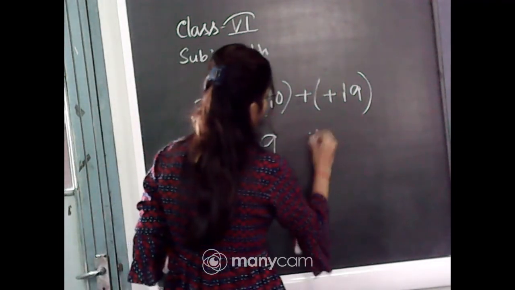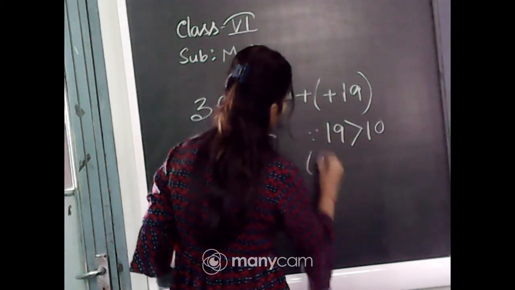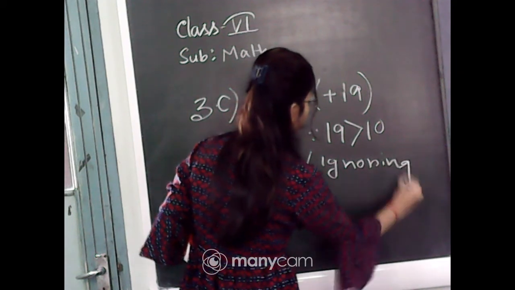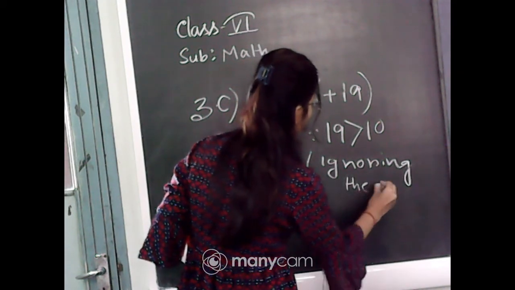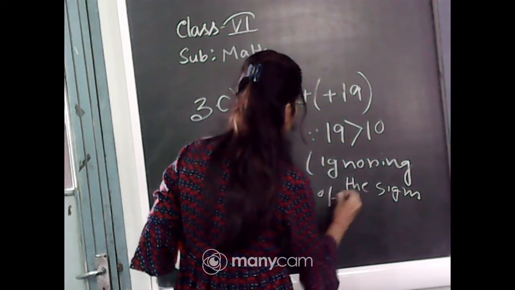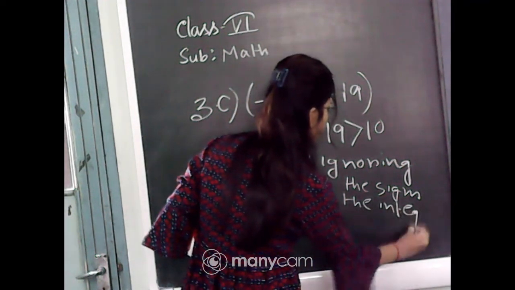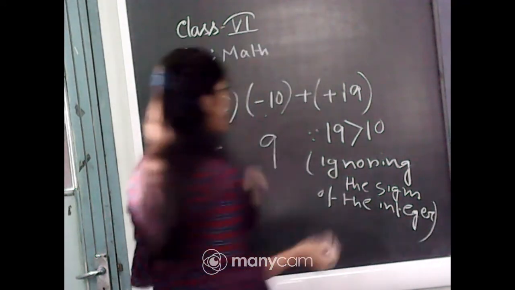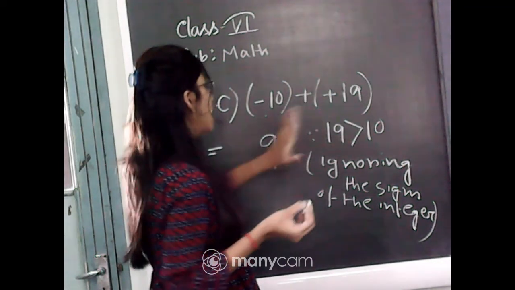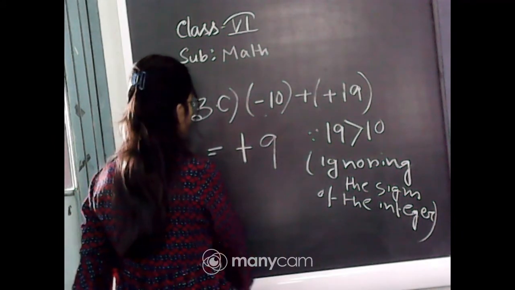Since 19 is greater than 10, ignoring the signs of the integers, and the sign of 19 is plus, the answer will take the positive sign. Therefore, the answer is plus 9.